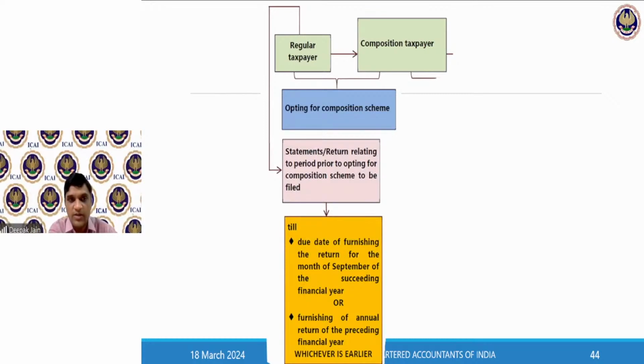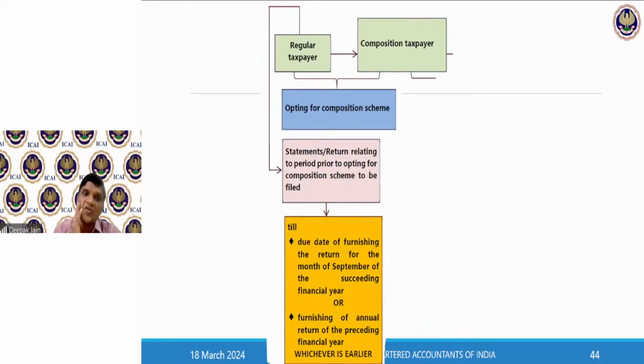He cannot escape that. So this provision says that by when you have to file it, you have to file it by September, not from the date of invoice, but for the period itself. For any purchases made for 23-24, you can file it in the return of 23-24. This return, you have to file it by September, not later than that.